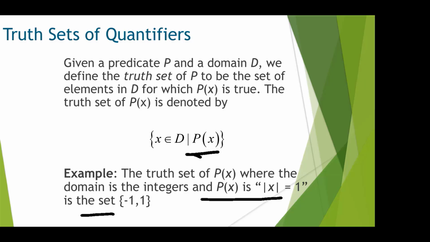So if I say x belongs to some set D whenever P(x) is true, and P(x) is the predicate of being prime, then the set D will be the set of all prime numbers. So maybe 2, 3, 5, 7, 11.